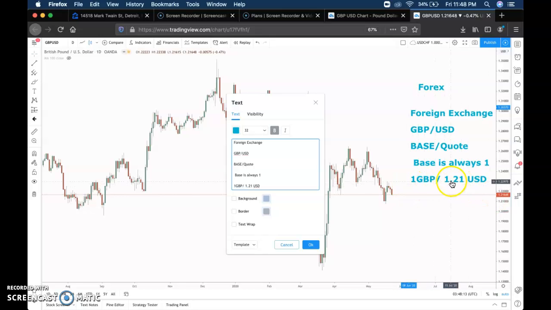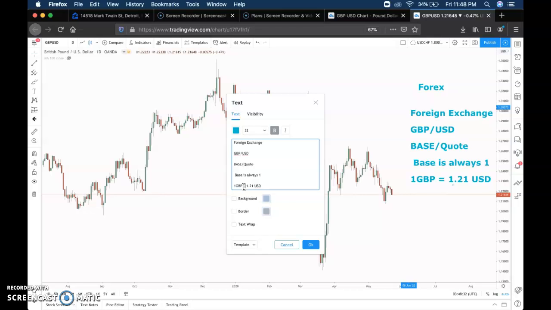So one GBP equals, right now, one Great British Pound would give you $1.21 US dollar. I'm trying to see which currency would be stronger.